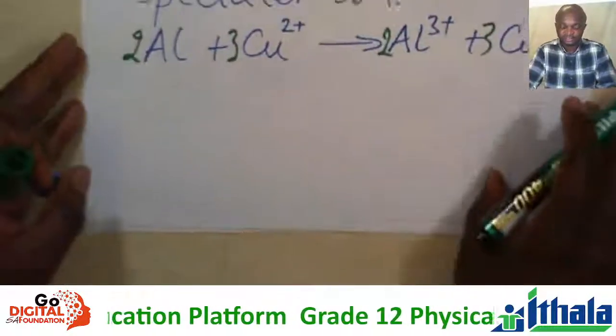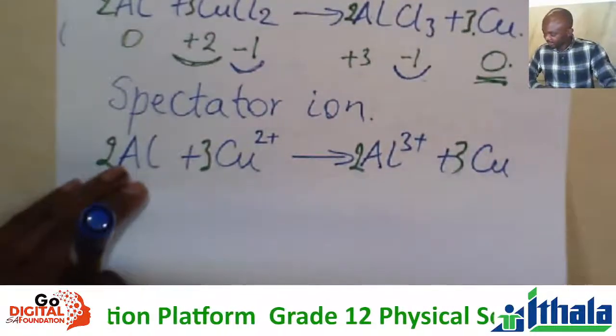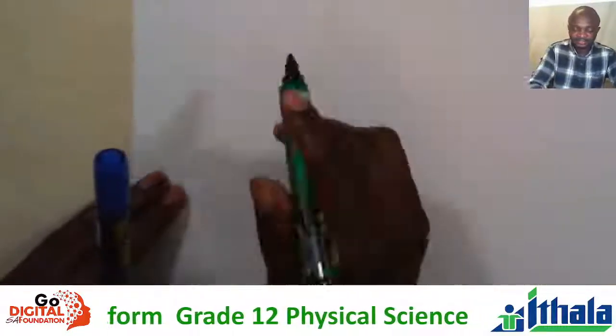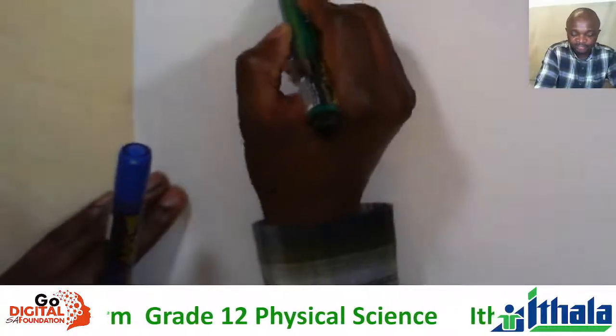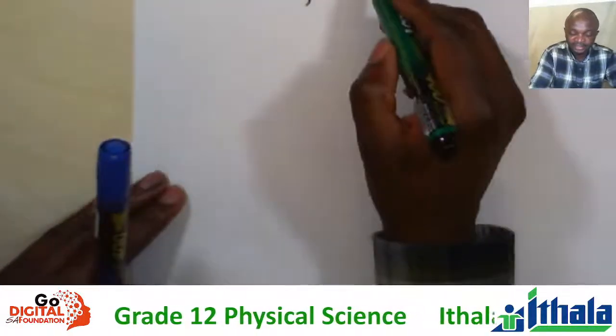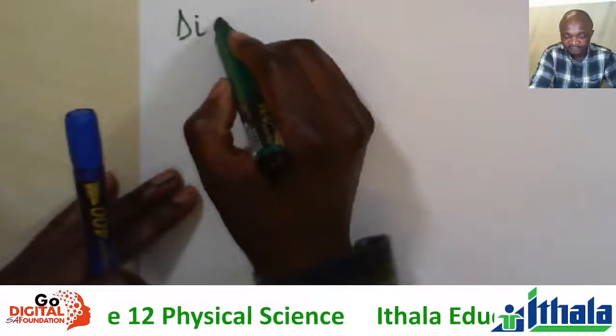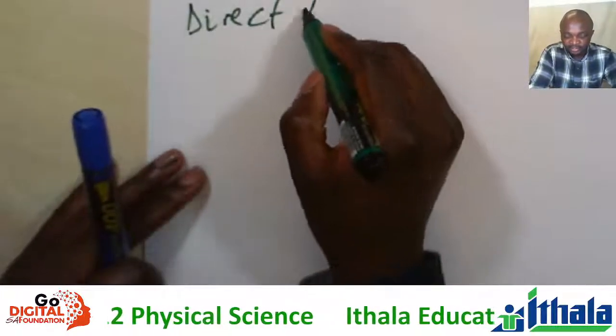So you do that. Then we look at the application of transfer of electrons. Right, now we are talking about transfer of electrons. There are two ways of transferring electrons. You can have a direct transfer of electrons.